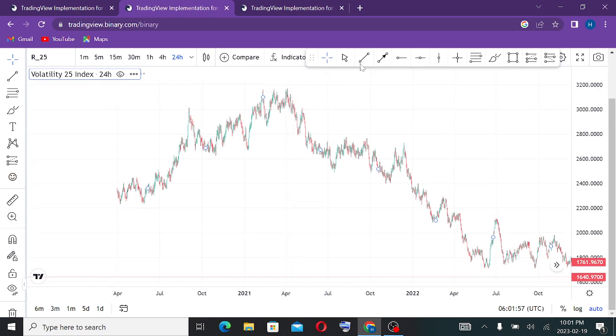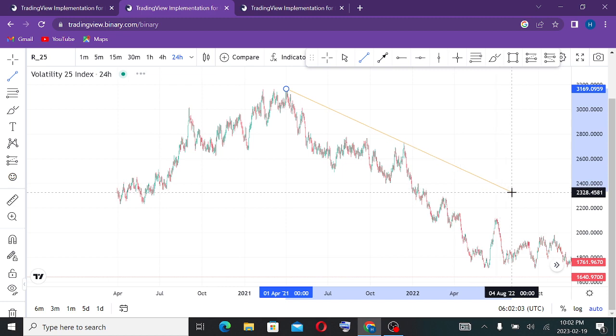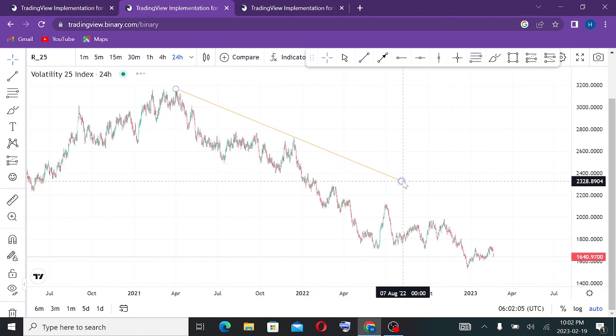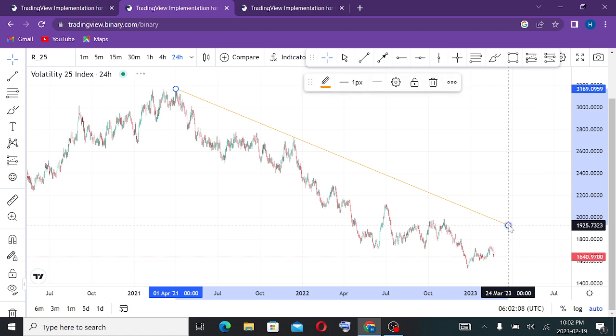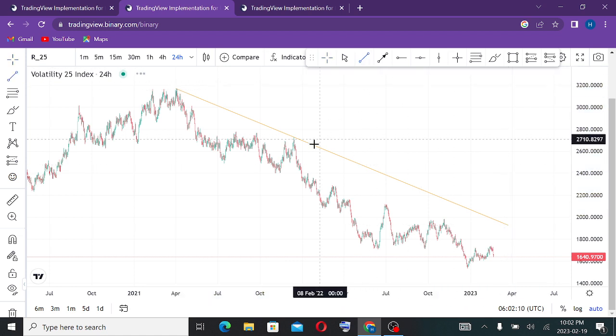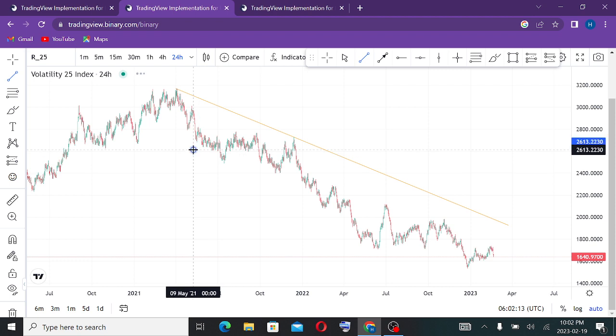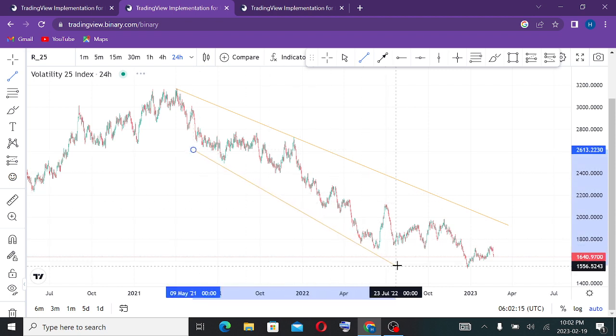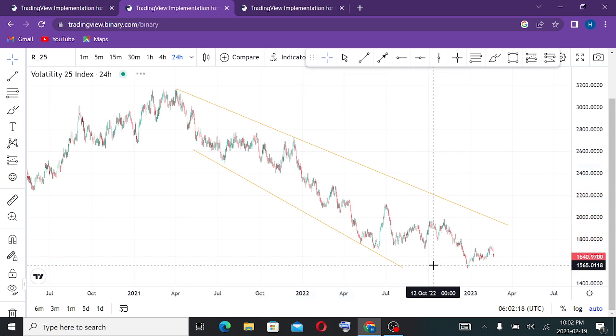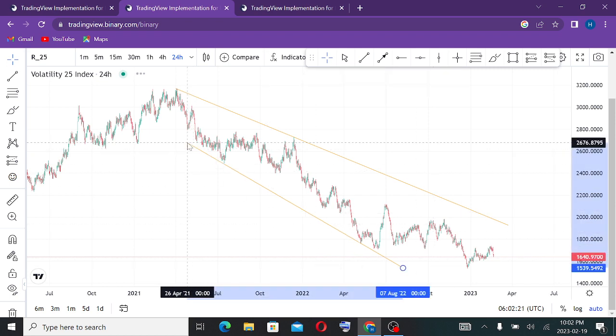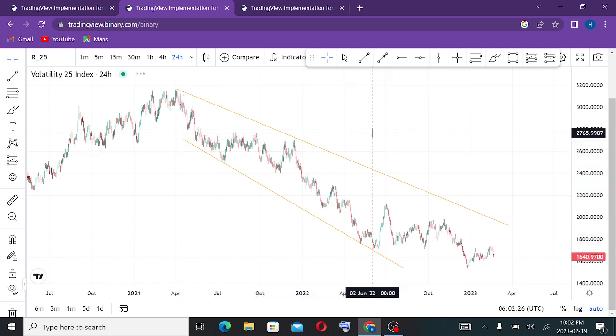Considering the market from this high, which is the highest point market has ever gotten to, and then considering these lows, what we can see categorically is that market has been moving in a downtrend basically.